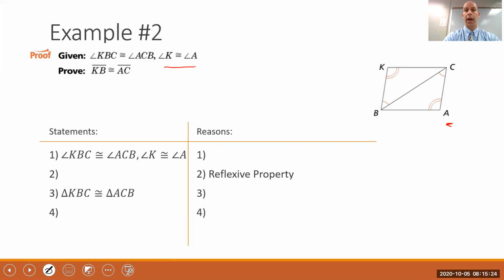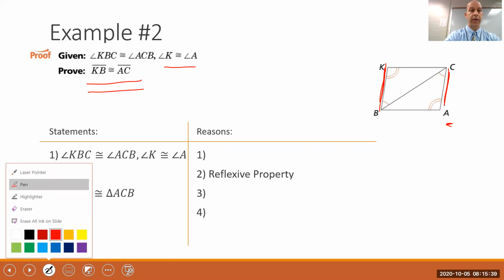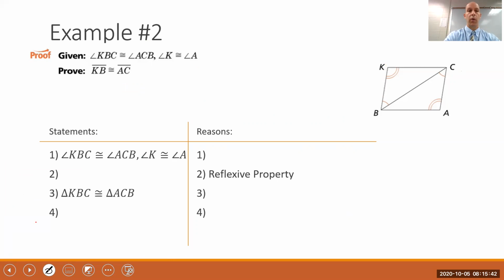We also know that angle K and angle A are congruent. Those are the ones with the 2 arcs. We are supposed to prove that segment KB is congruent to segment AC. All right, so that's the given information. We want to prove this.